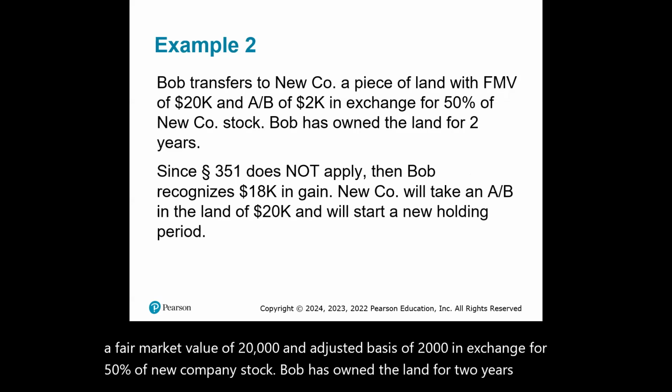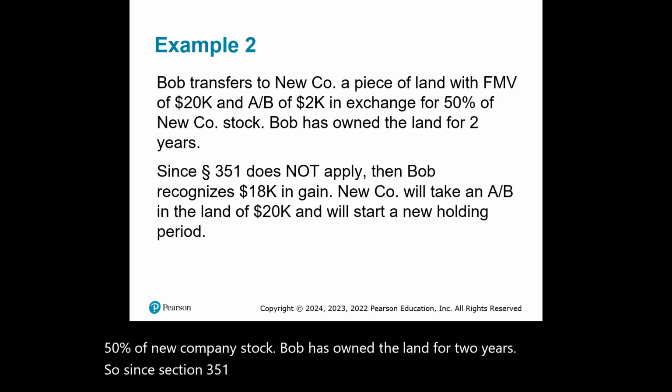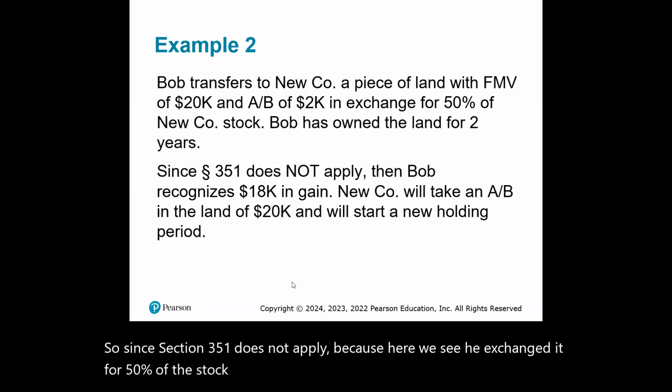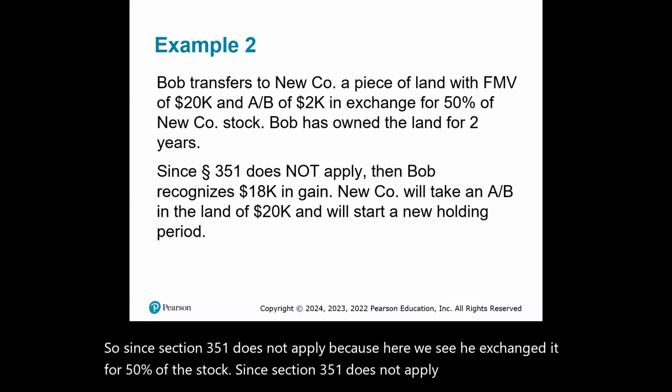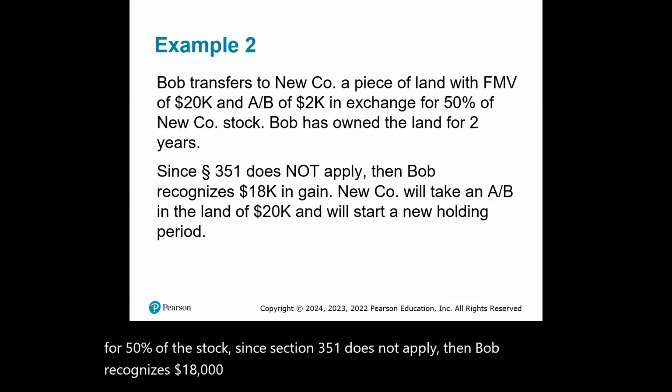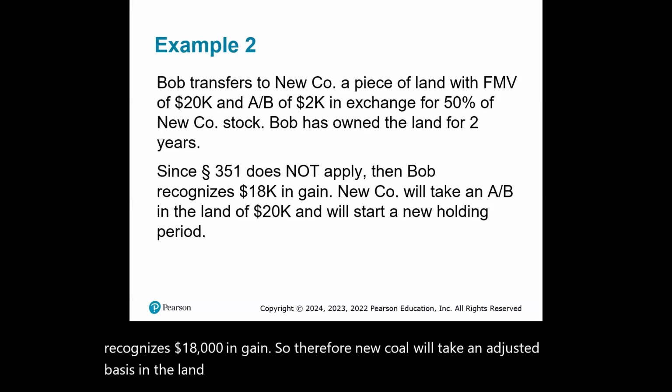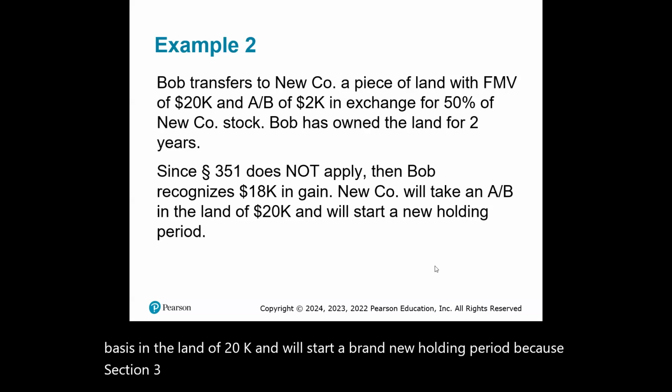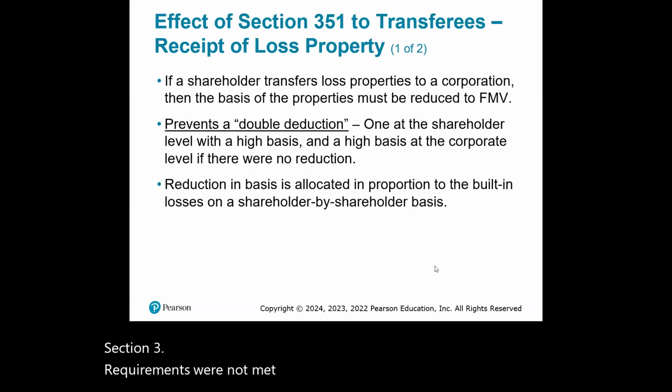So since Section 351 does not apply, because here we see he exchanged it for 50% of the stock, Bob recognizes $18,000 in gain. So therefore, NewCo will take an adjusted basis in the land of 20K and will start a brand new holding period because Section 351 requirements were not met.